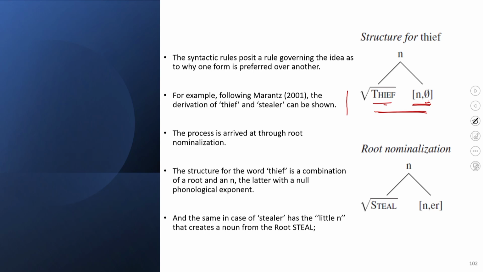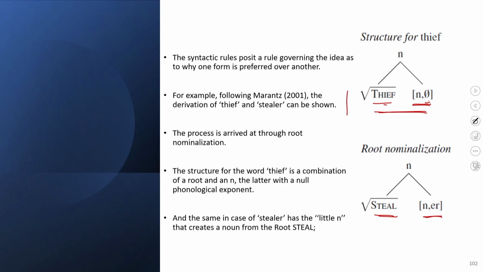Thief is a root word. On the other hand, in the case of stealer, we have steal in the root and this little n that creates a noun from the root word steal. So stealer is a possibility, and then thief will look like this.